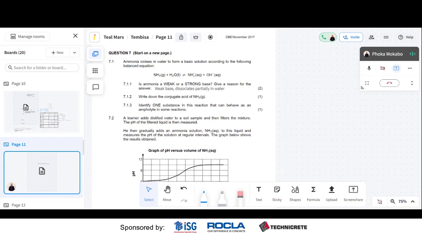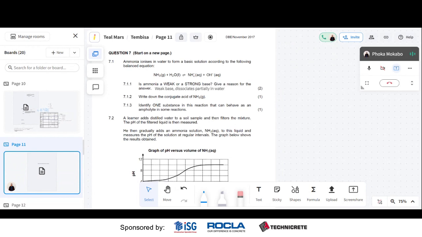Ionize itself and ionize water to form H3O plus.